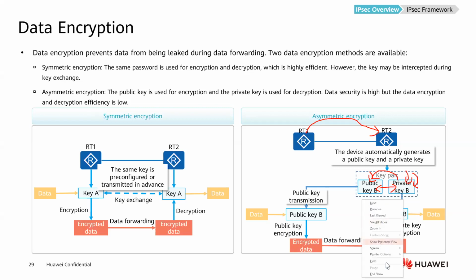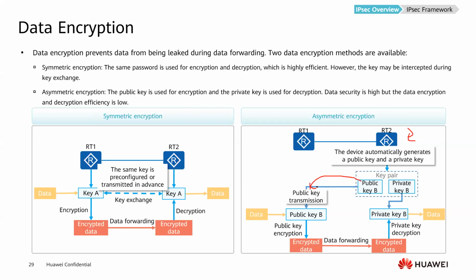So router 2 in this picture sends the public key to router 1. When router 1 tries to send a packet, router 1 will use this public key, which router 2 gave it, to do the encryption, and send it out to the other side.